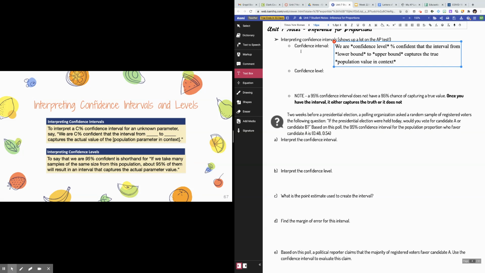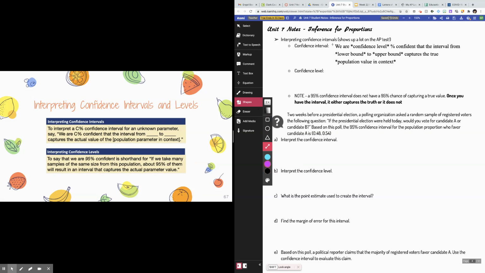Okay, so the stuff that you see that has the little asterisks next to it, and I'm gonna underline all of that, okay, that's where you fill in information. Okay, so here, here, here, and here. Okay, so that's where you're gonna fill in the blanks.